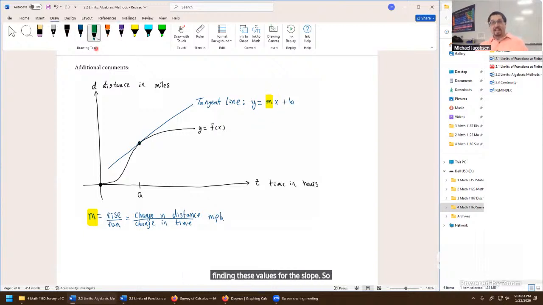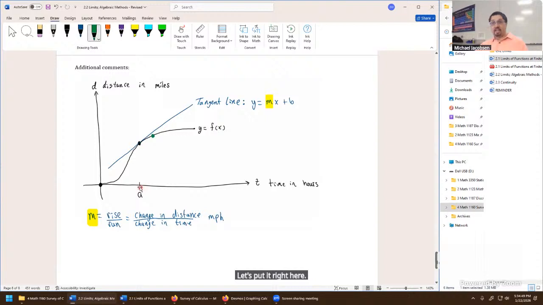So here's the next thought. If you want to get the slope of this line that you see right here, you need 2 points in a certain sense, right? Because that's what our slope formula looks like, rise over run. It's going to be change in the distance, y coordinates, divided by change in time, horizontal coordinates, the t coordinates. So we'll place in another point. Let's put it right here.